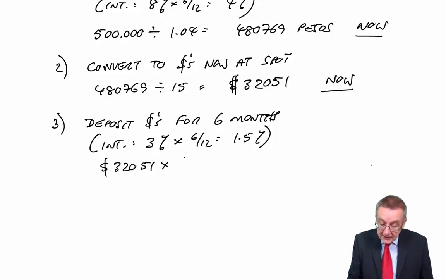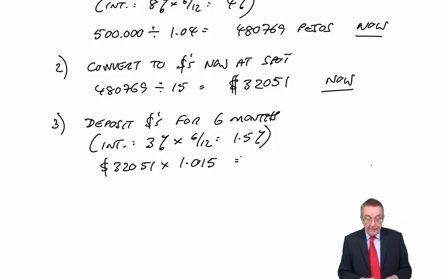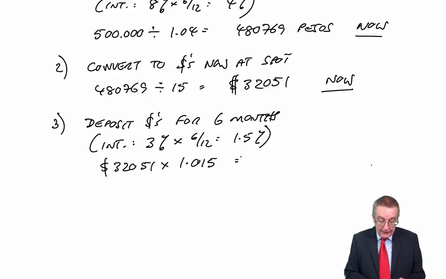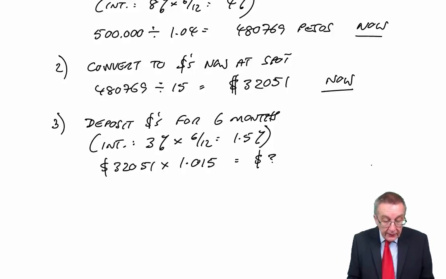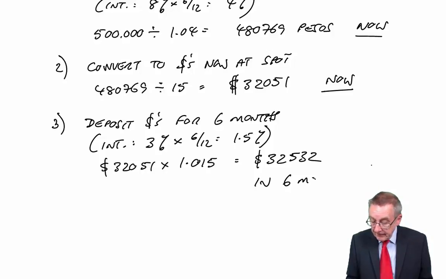Multiply by 1 plus R, the interest rate, to add on the interest. And in 6 months' time, it'll have grown to 32,532. It'll be fixed at that in 6 months' time.